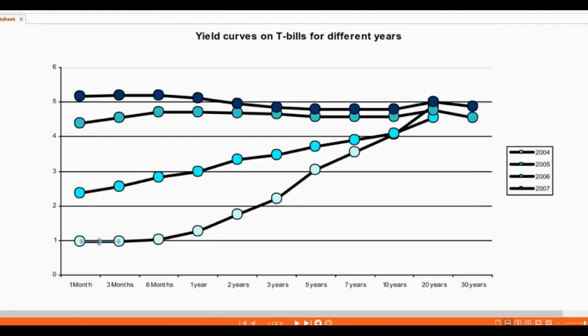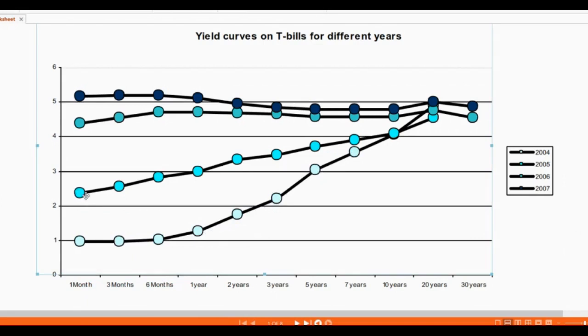So what do we have here? Each line here is a yield curve from a different time. So let's say this 2004 yield curve that I'm moving the cursor over is telling us what, on a particular day, let's say February 9th, 2004, were the interest rates on the bonds of different maturities.